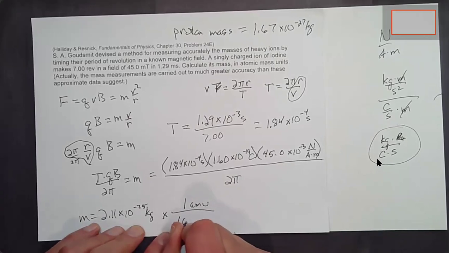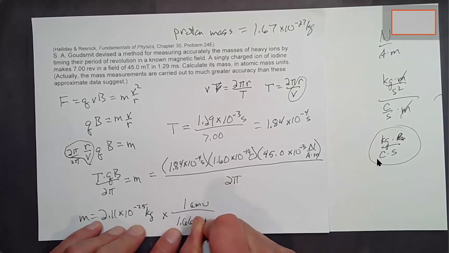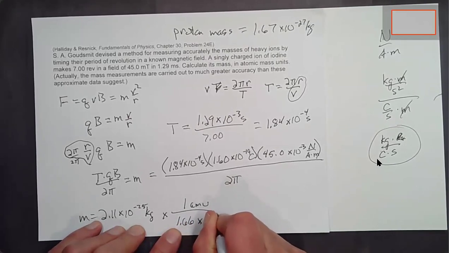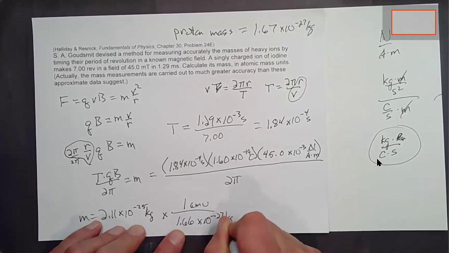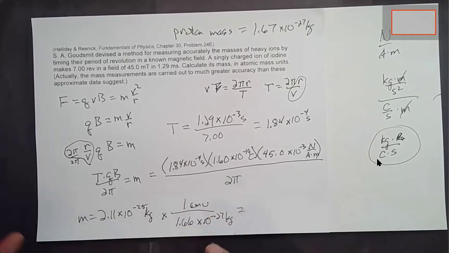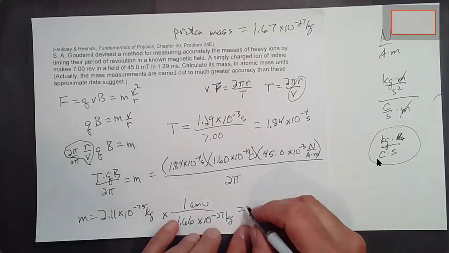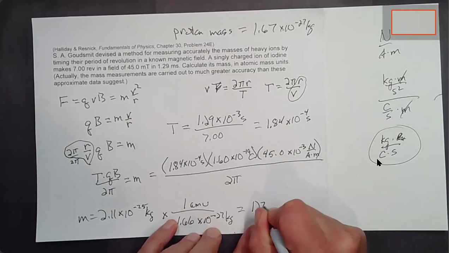So this will be some number of atomic mass units. Should be close to an integer. And I get 127.